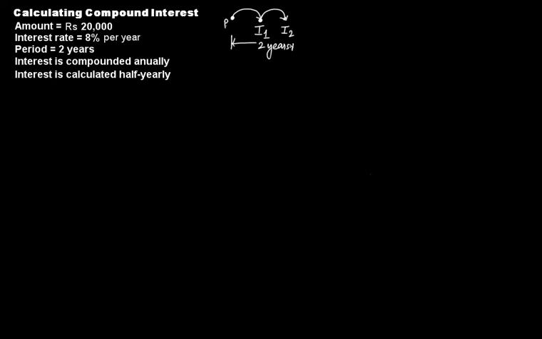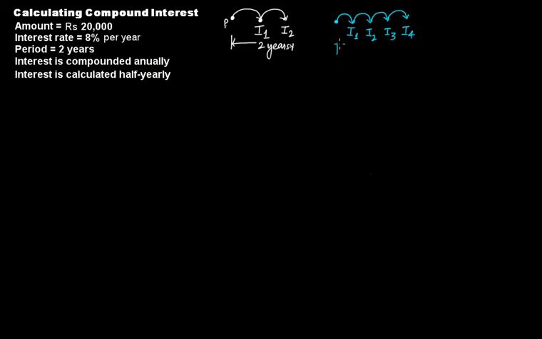On the other hand, in the case of interest calculated half yearly, let's say that you have taken the loan here. After 6 months, you'll calculate interest. After another 6 months, you'll calculate interest. After another 6 months, you'll calculate interest. And after another 6 months, you'll calculate interest.